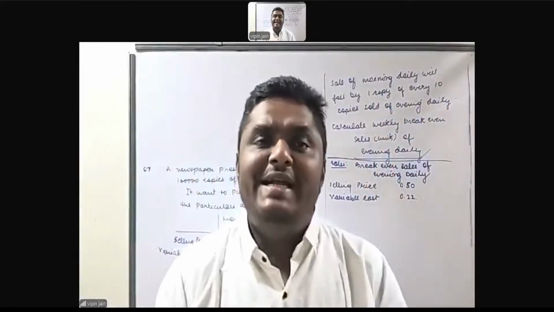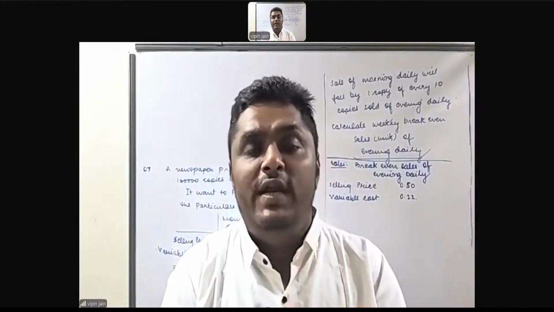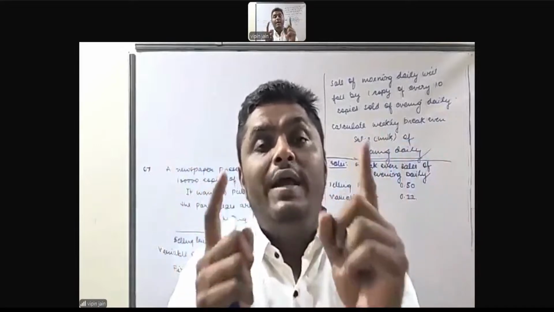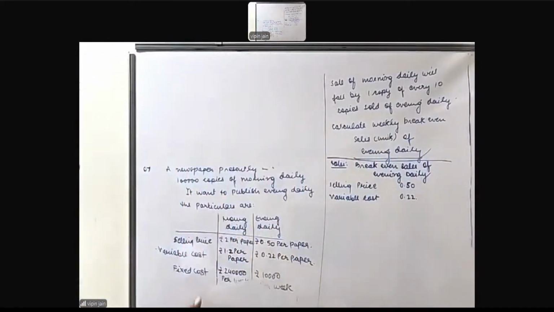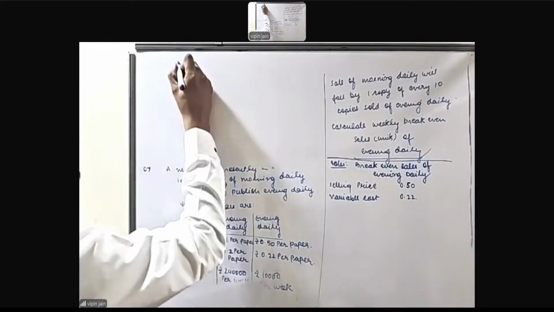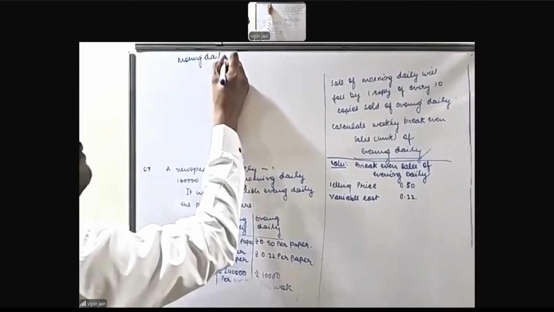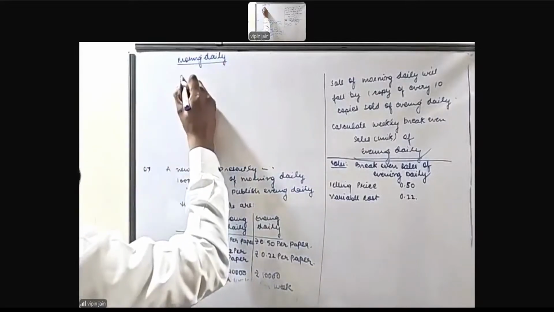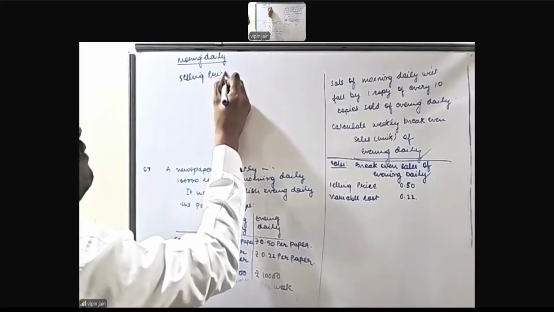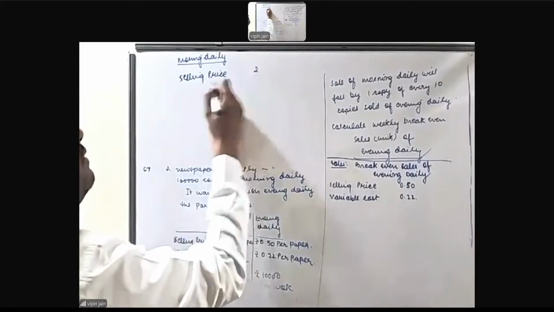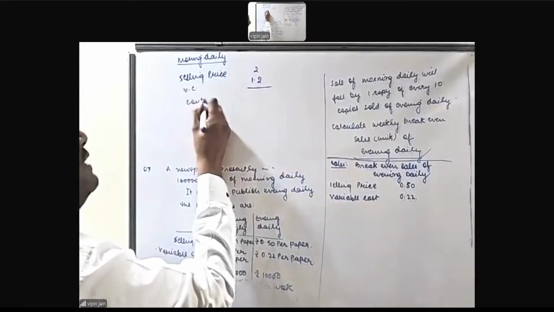Matlab, if we sell 10 copies of Evening Daily, we will lose 1 copy of Morning Daily. It means what? We can say alternatively, when explaining in monetary terms, when talking about Morning Daily, my selling price is 2 rupees. My variable cost is 1.2. Therefore, my contribution is 0.8.